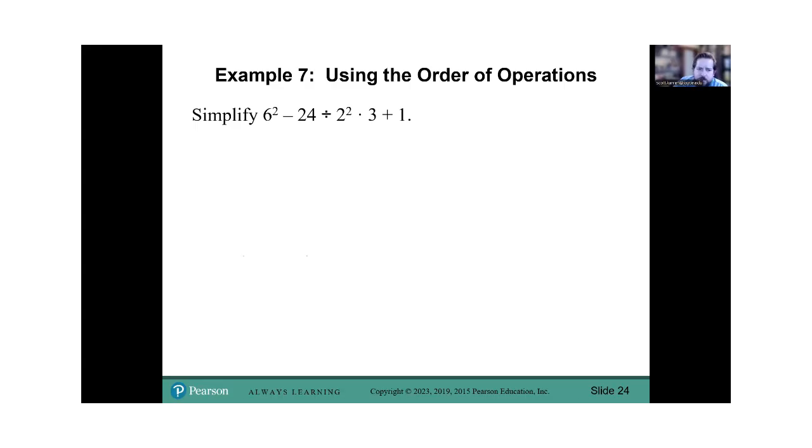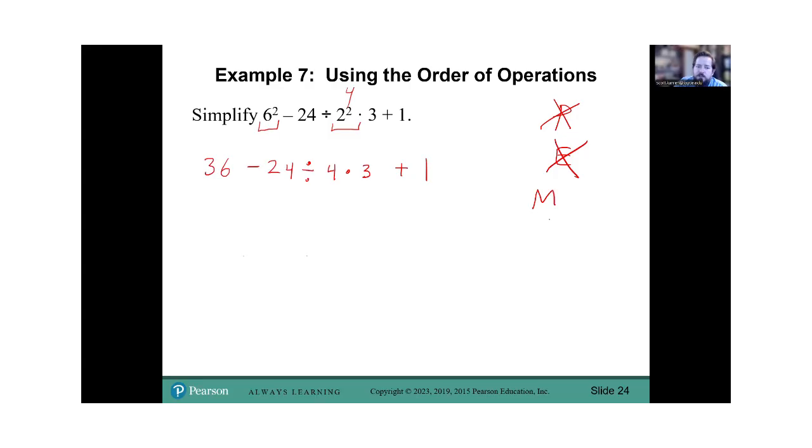There's no parentheses, so I'm okay with that. And P is good. So I go through and do my exponents. And I see there's a couple of spots where I have exponents. 6 squared, that's 36. This 2 squared, that's going to be 4, right? So I'll just rewrite this problem, having done just those two operations with the exponents. My exponents are now done.